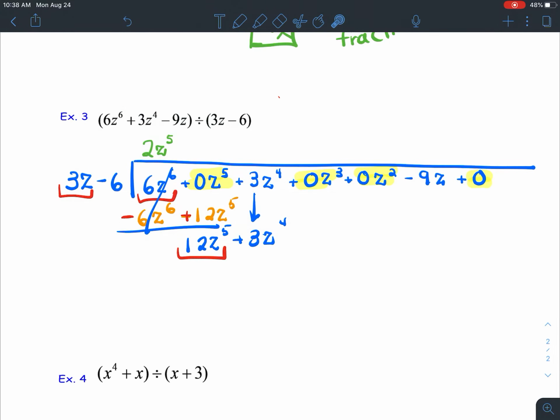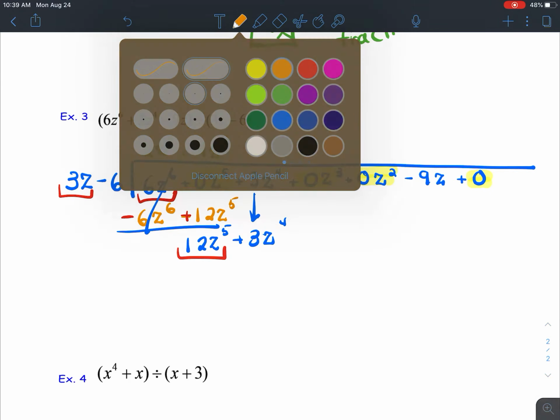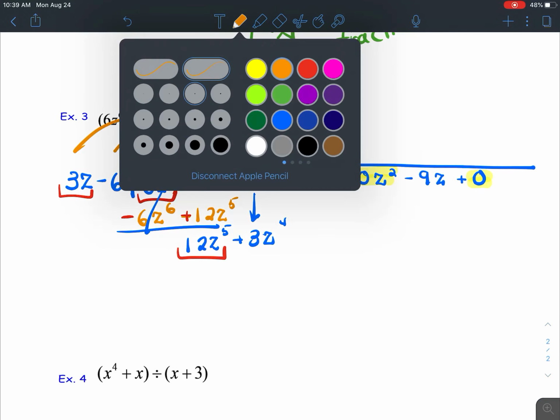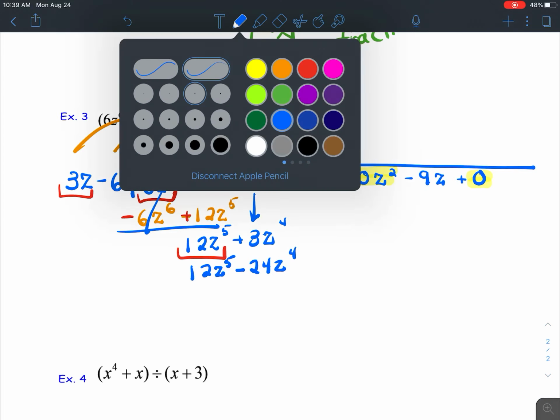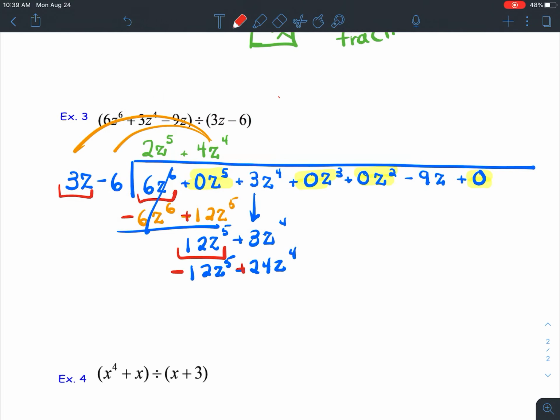Okay, several cycles through this one here. Now we're asking ourselves, what are we multiplying 3z by to get 12z to the 5th? The answer would be a 4z to the 4th. We're going to distribute a 4z to the fourth to both of those terms out in front. We get 12z to the fifth minus 24z to the fourth.